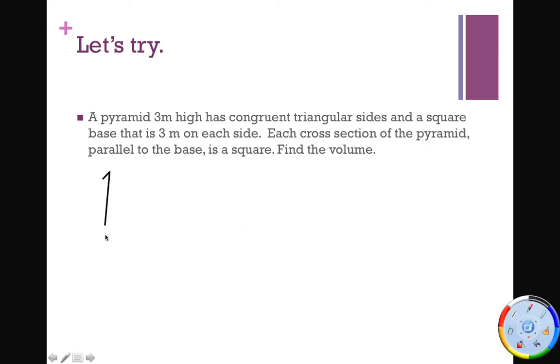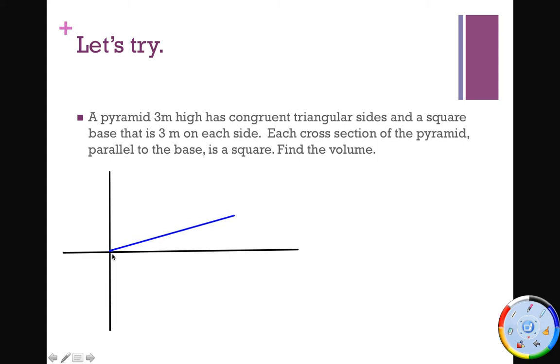So let's see, if we were given an XY axis, and get rid of that little silly thing, and we drew a pyramid from the origin this direction, and just bear with me here as I draw my pyramid.